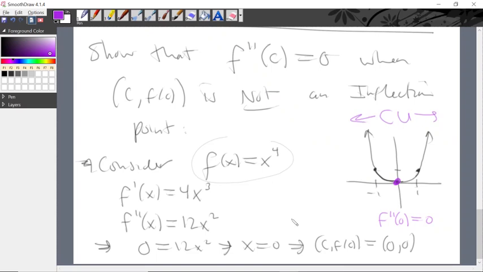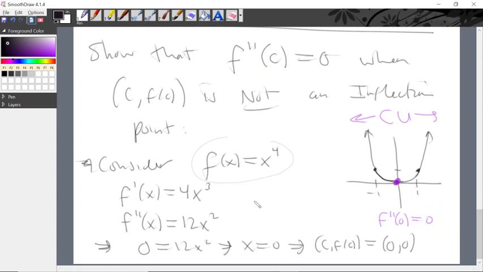Now, how can you test to see what the concavity is? By choosing test values around the critical numbers. Now, x equal to 0 is a critical number of the second derivative, if you will. We really only call the numbers in the first derivative that make it 0 or not exist critical numbers, but I'll call this a critical number of the second derivative, let's say.